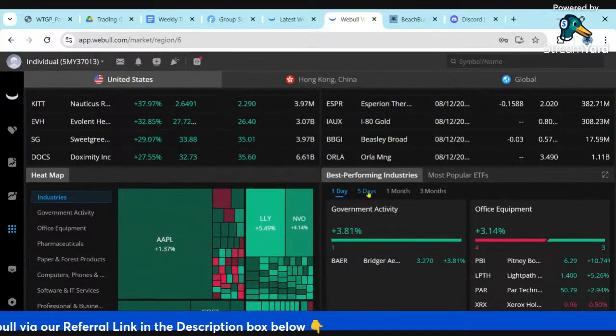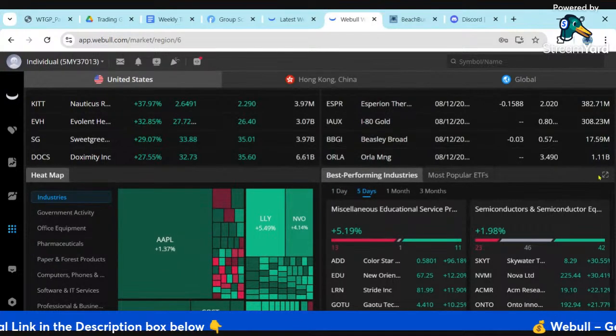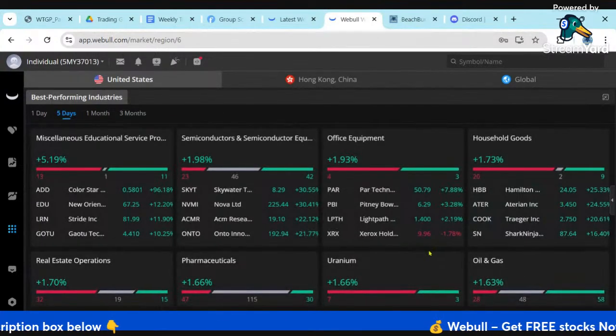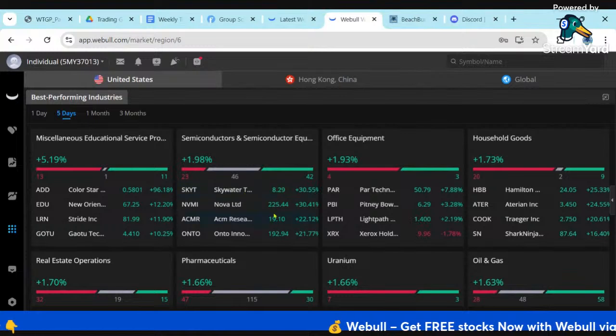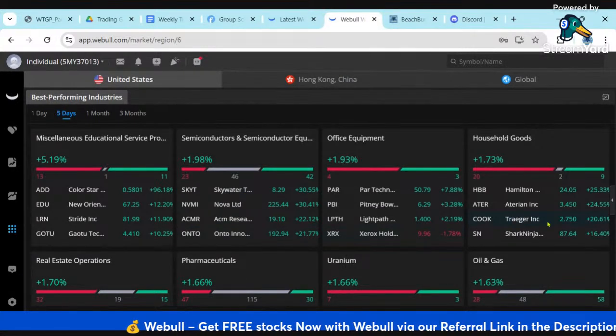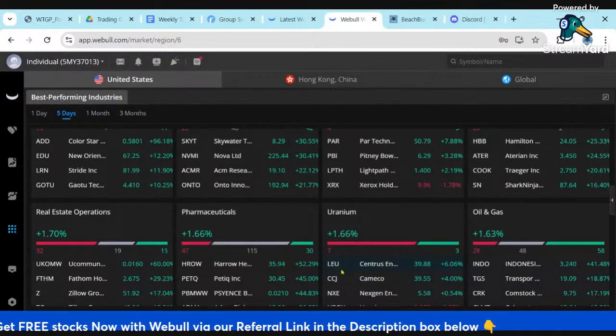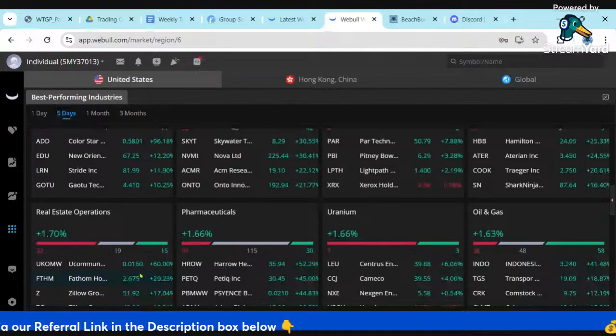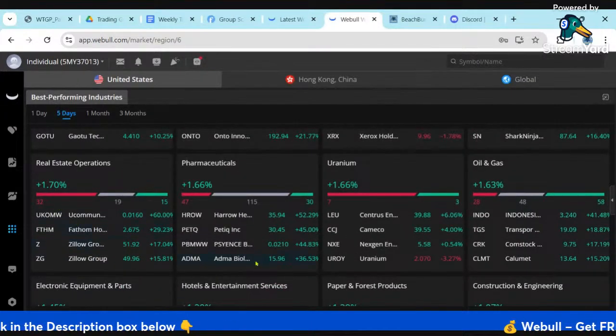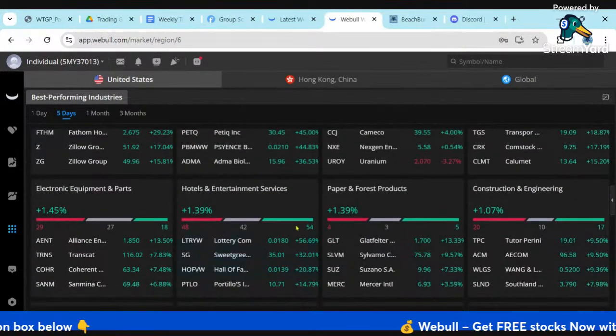We look at the best performing industries for the week. See some education, semiconductors slightly up. Office, household goods, oil and gas, uranium mostly negative. Real estate mostly slightly positive, but more negatives. Hotels pretty even.